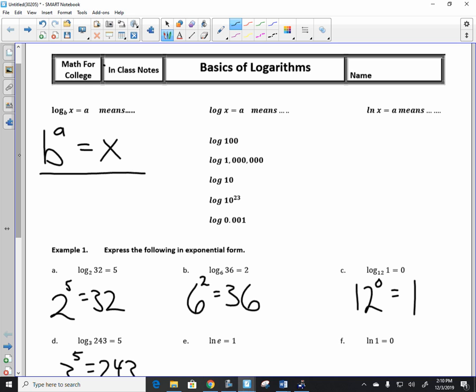Okay, so log of x is equal to a. What that means is when you don't see a base, the base is 10. That means 10 to the a power is equal to x. So for example, log of 100 means a base of 10 to what power is 100? 2.